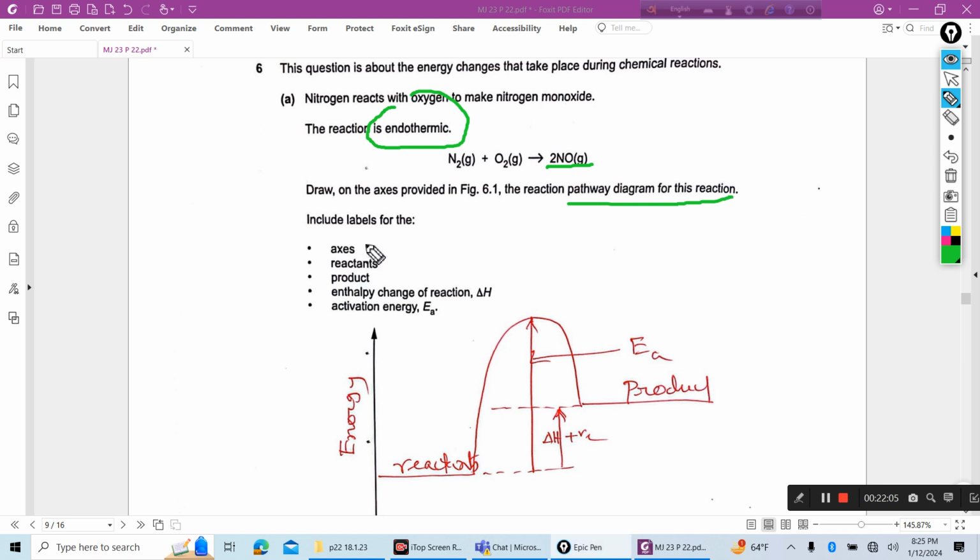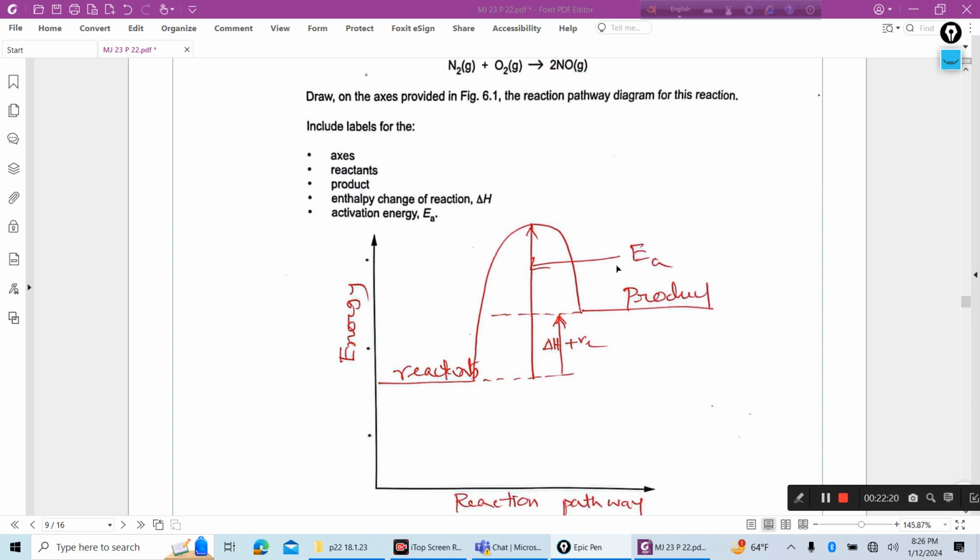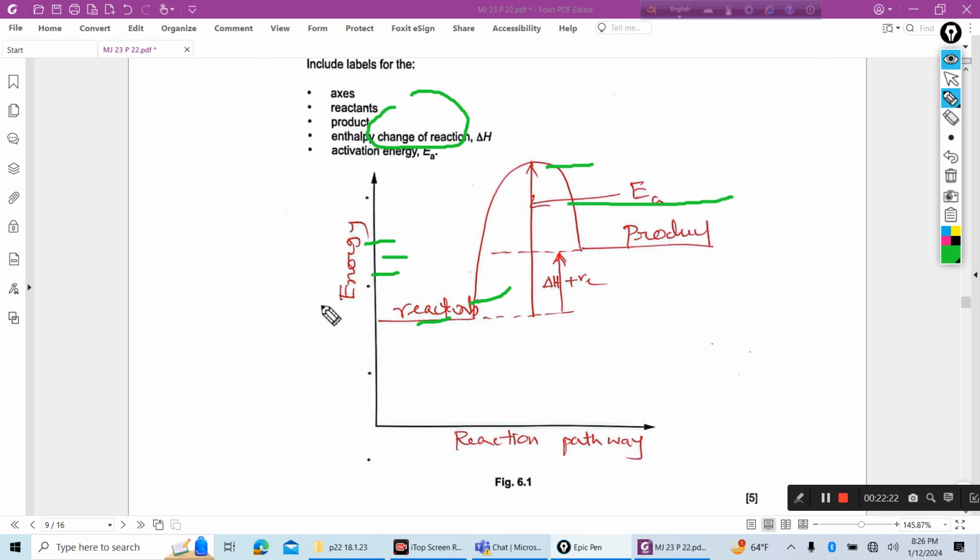You have to include the reactants, products, enthalpy change of the reaction delta H, and Ea, the activation energy. As this is an endothermic reaction, the y-axis is enthalpy or energy, and the x-axis is reaction pathway.